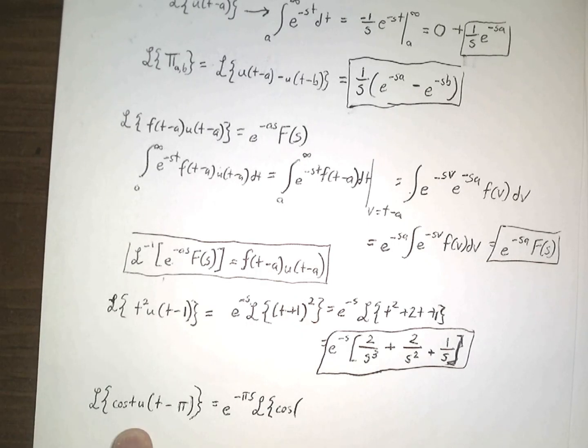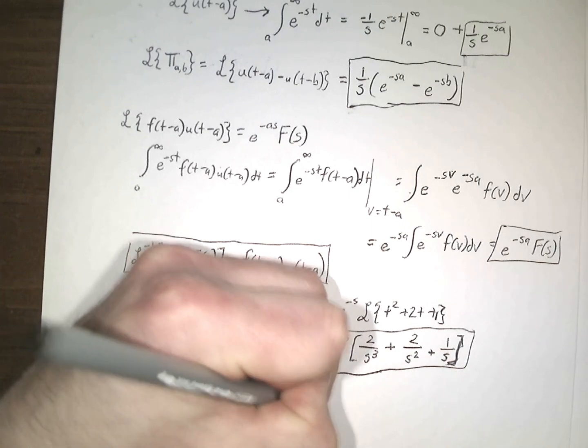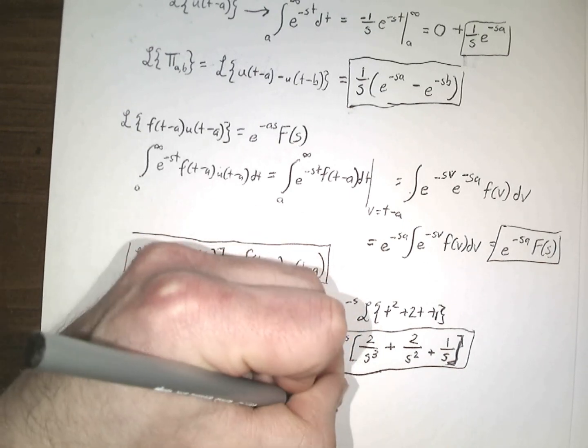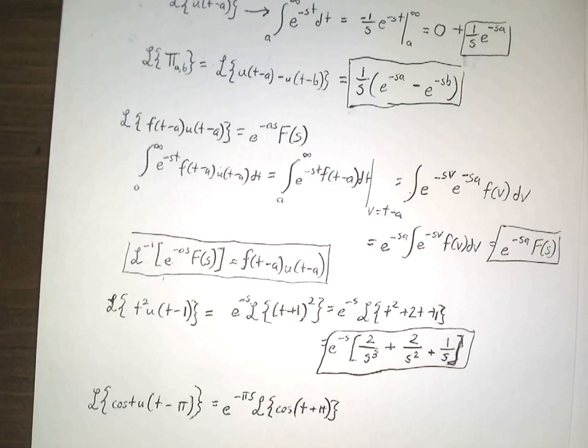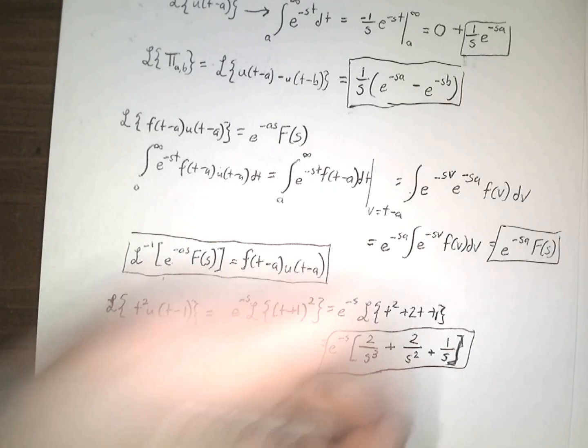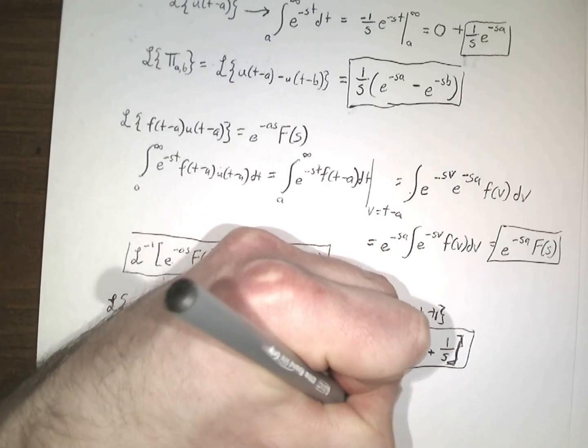To shift it properly, we're going to do t plus pi, which really is just cosine again, or negative cosine by normal trig identity stuff.